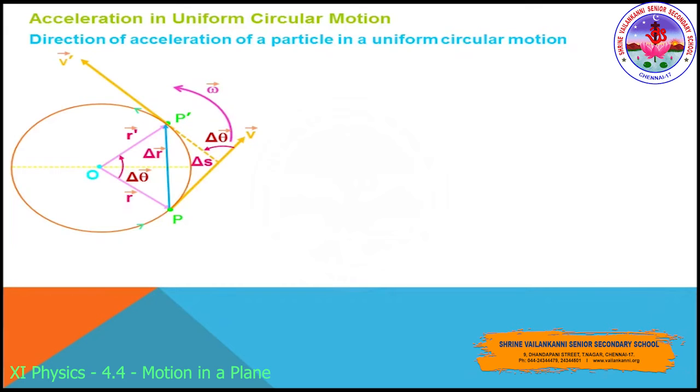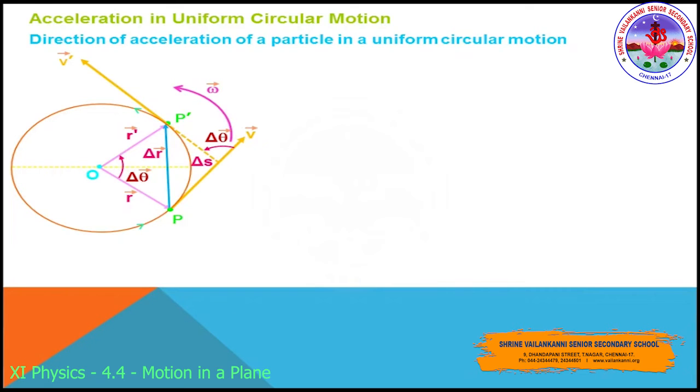So it's center-seeking, the centripetal force, which we can also call a center-seeking acceleration. Also you can consider this diagram: a particle which is moving on a circular path of radius r from the center, right? And with uniform speed v.